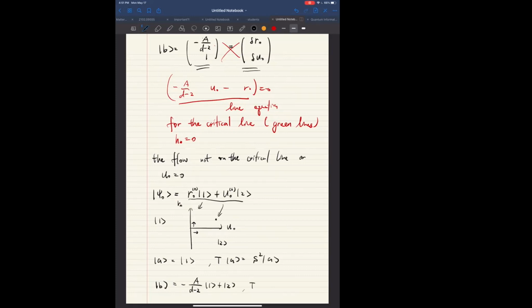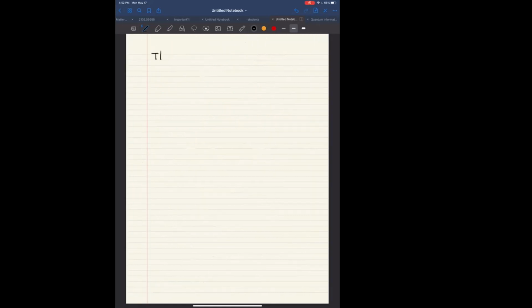And then T acting on B gives the eigenvalue 4 minus D times B. So the idea is we start with any point in here, and then we want to express 1 and 2 by A and B, and then act on T and see how it goes, right? So we can just do this directly, act on T, and then rewrite psi naught by A and B, right?